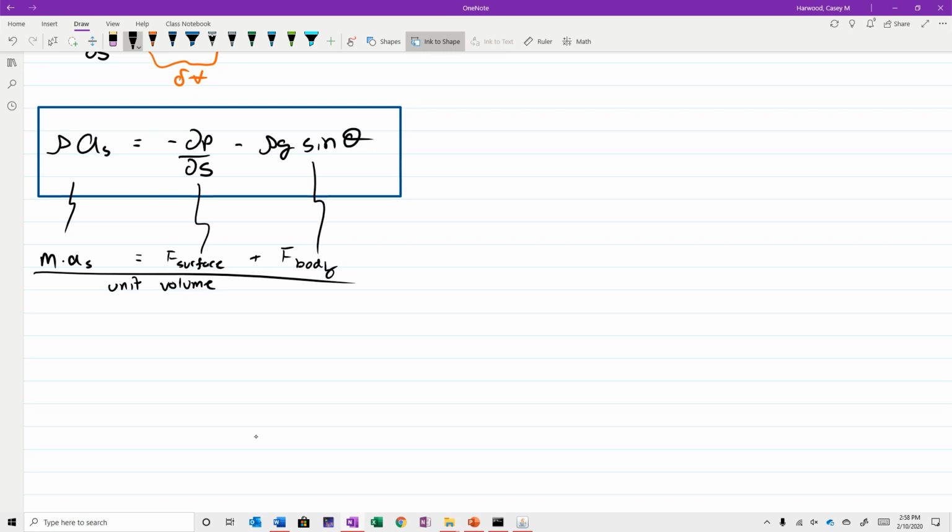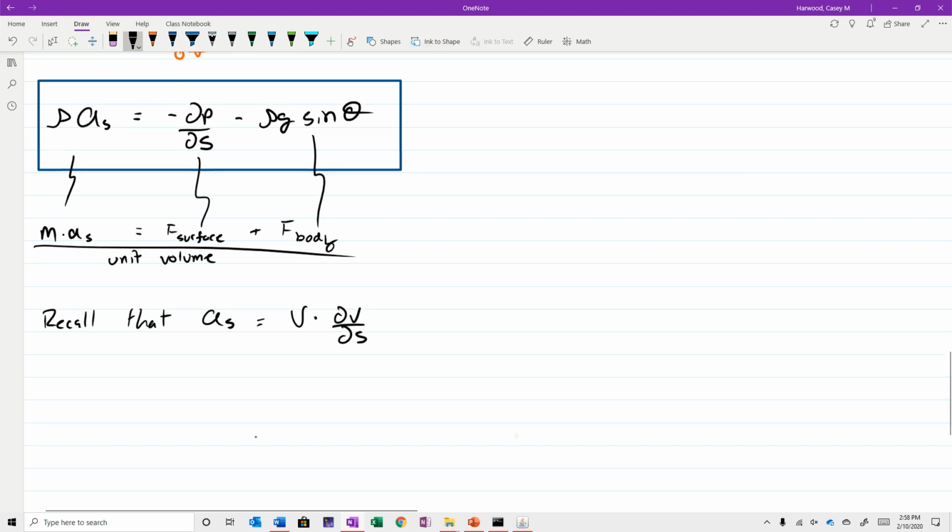So now, one last step to turn this into the Bernoulli equation. We've got to recall that a sub s can be written as v times dv ds.